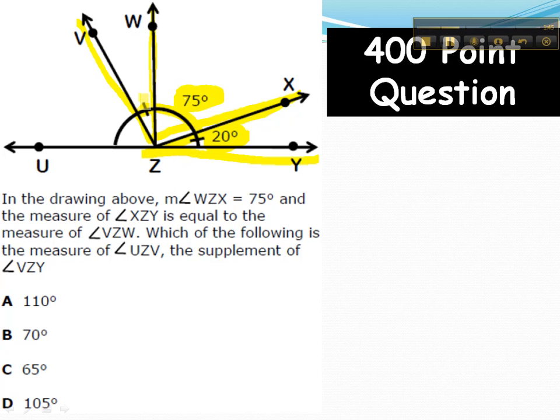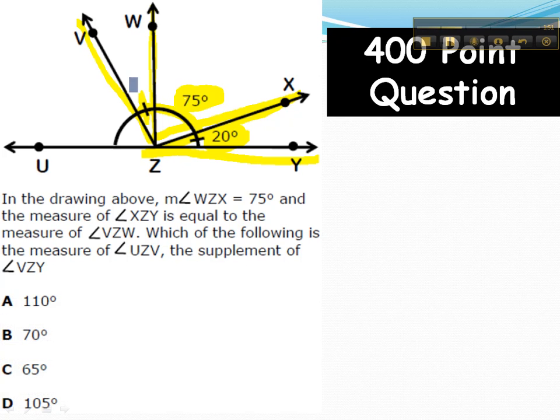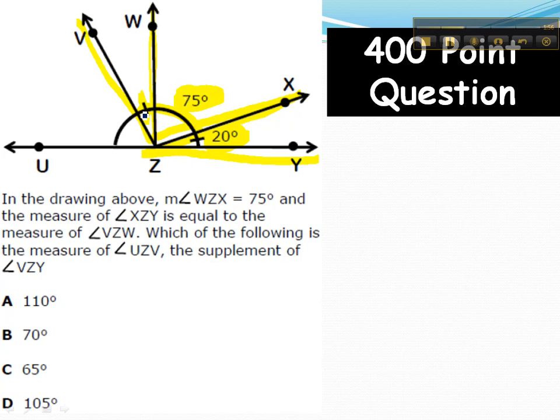And it has a mark of congruence there, so that also tells you that they're equal. So let me put that measurement in. We know that if XZY is 20 degrees, VZW is also 20 degrees.